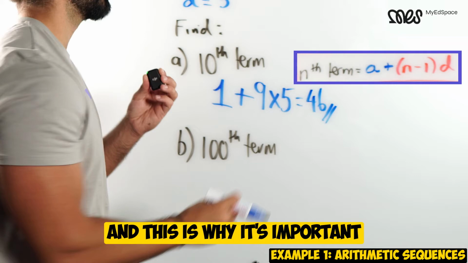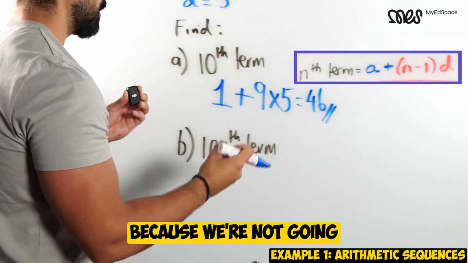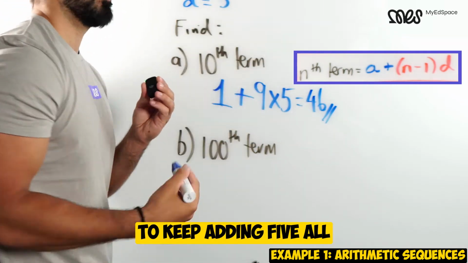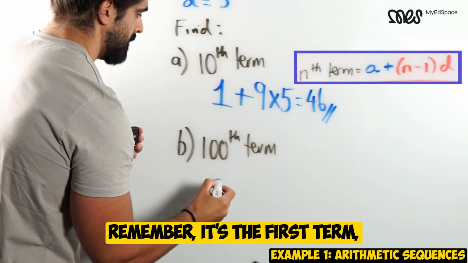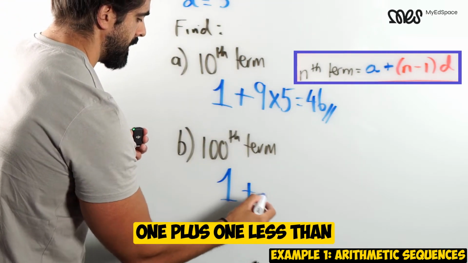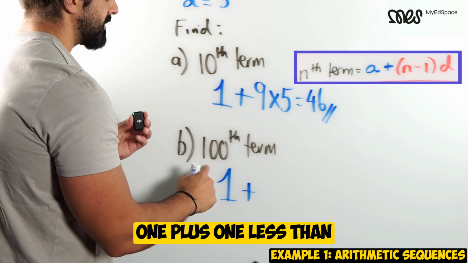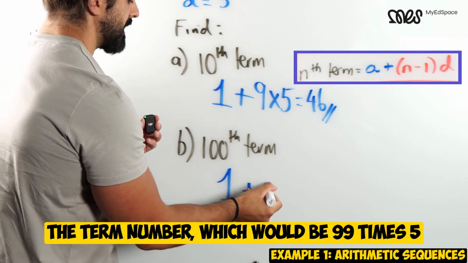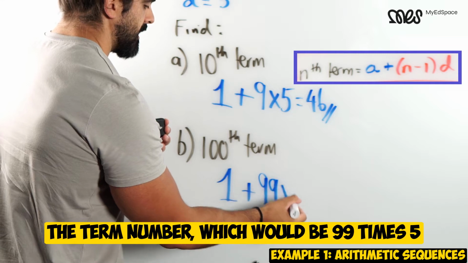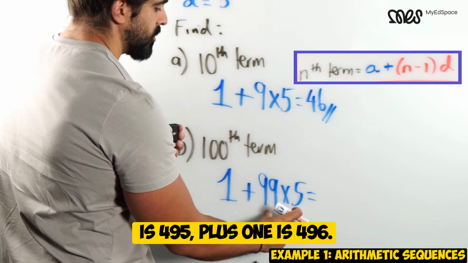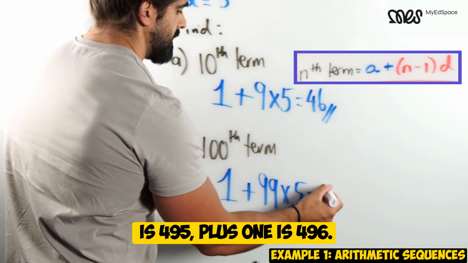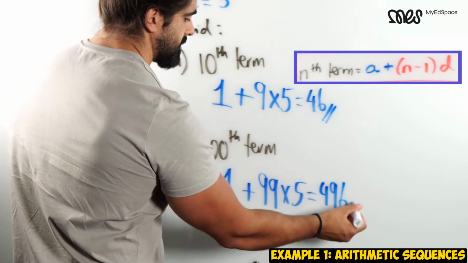And this is why it's important we learn these, because we're not going to keep adding 5 all the way up to the 100th term. Remember, it's the first term, 1, plus 1 less than the term number, which would be 99, times 5. 99 times 5 is 495, plus 1 is 496.